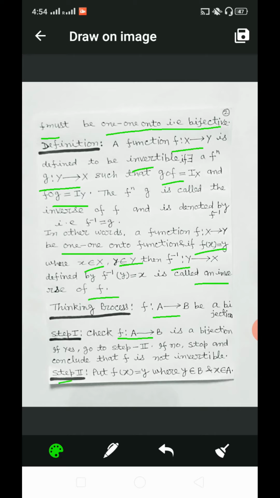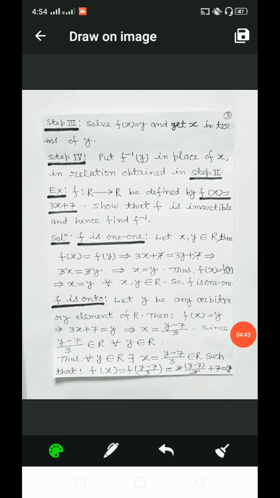If no, stop and conclude that f is not invertible. Step second, if it is yes, put f(x) equal to y, where y belongs to B and x belongs to A. Step 3, solve f(x) equal to y and get x in terms of y. Step 4, put f inverse(y) in place of x in the relation obtained in step second.